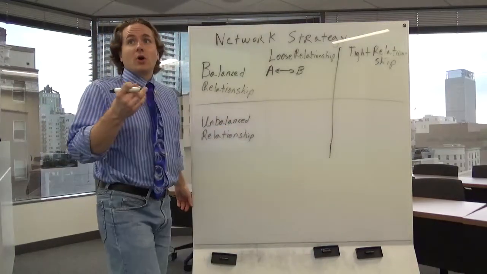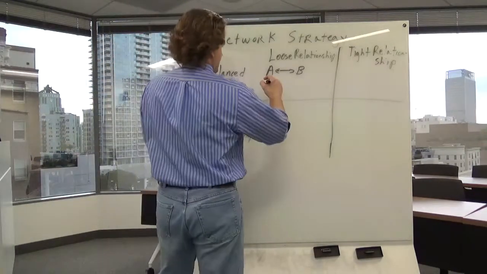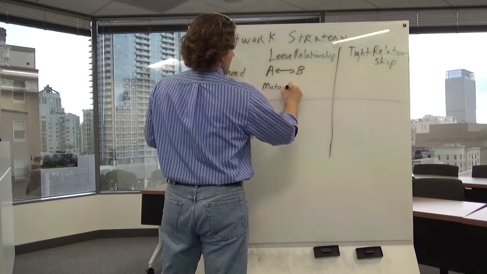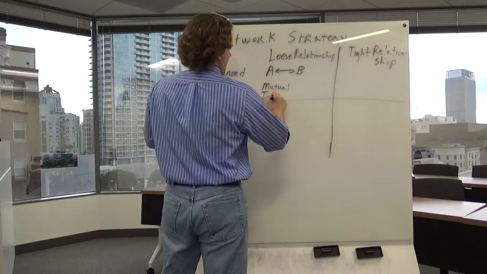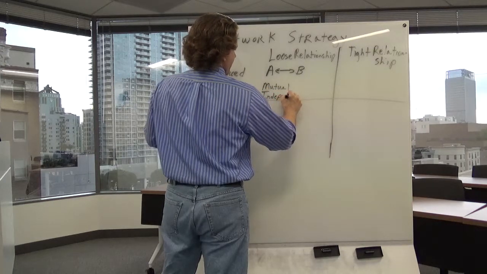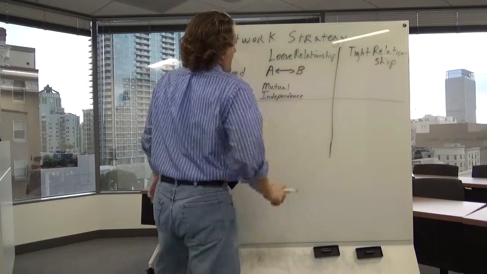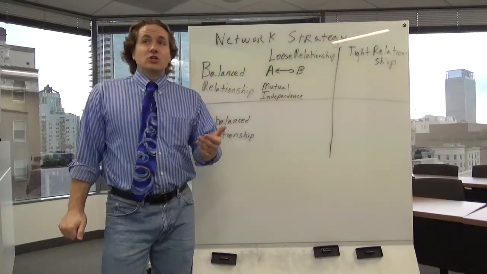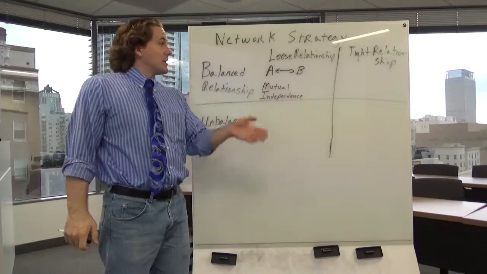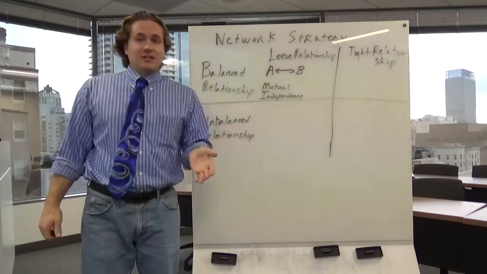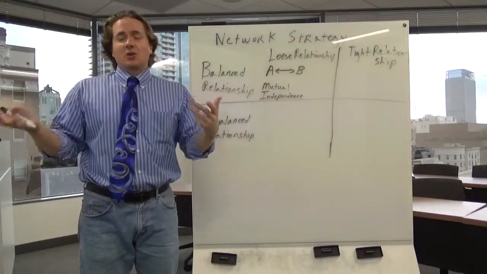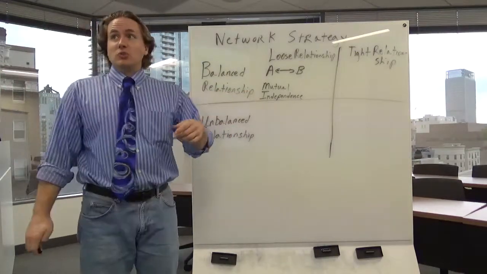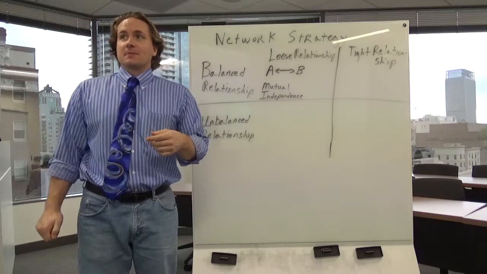Okay? We would call this mutual independence. So anytime a firm has some sort of an arm's length relationship with a partner firm, they conduct transactions, but they're not particularly close to each other, but at least they are trading with each other as equals, we will call this mutual independence. Okay?